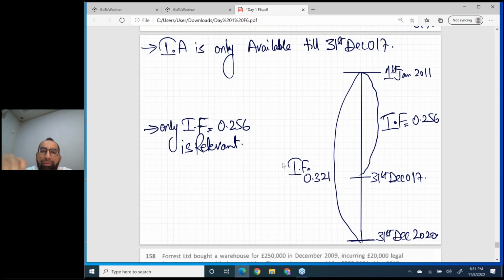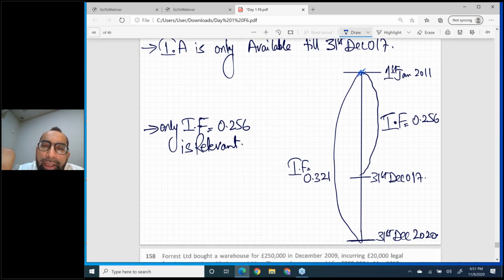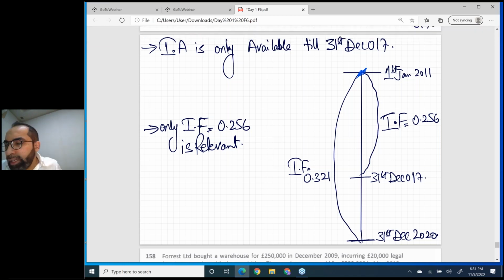Let us say a company bought an asset on 1st January 2011, and it sold that asset on 31st December 2020.